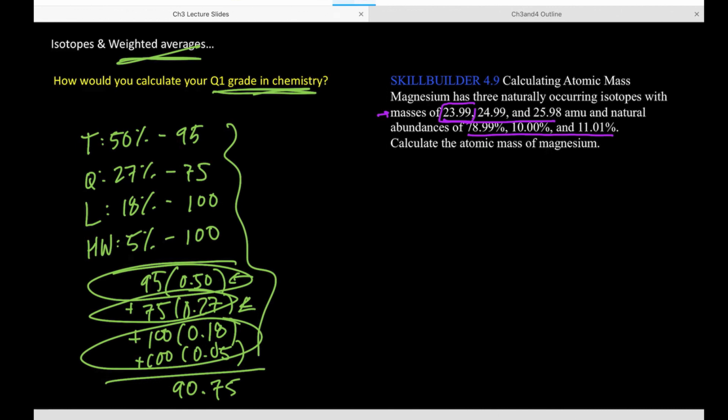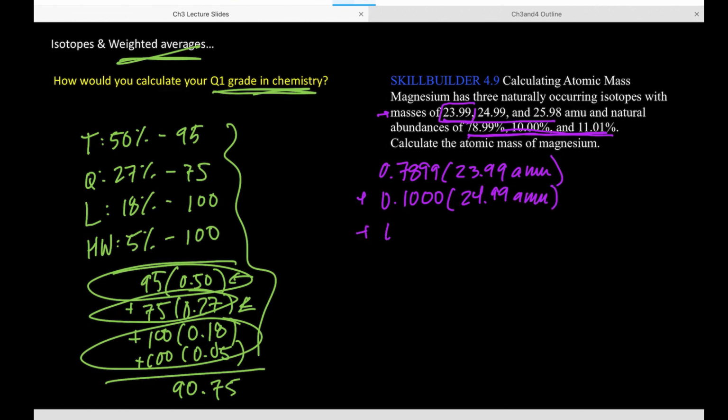So anyway, here are percent abundances. That's how much each one counts. So again, we will take our individual pieces, so 0.7899 times 23.99 AMU, plus 0.1000 times 24.99 AMU, plus 0.1101 times 25.98 AMU.